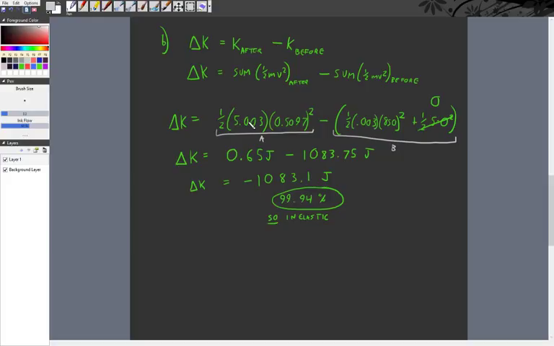So what is that? Well, that's the mass of the block plus the mass of the bullet. This is going to be V after squared. Okay, and over here, well, that's just the mass of the bullet.